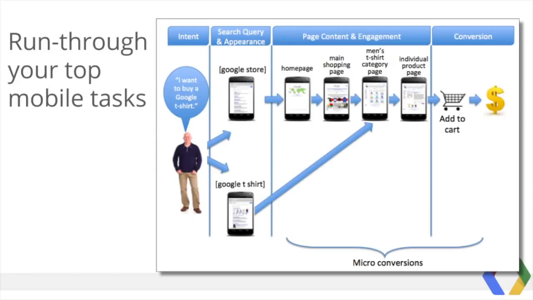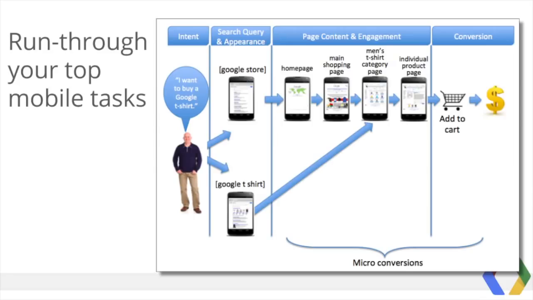In either case, we can start to outline the workflow and take note of each step. In the search query and appearance stage, we can make sure that our site's appearance in search results is appealing. The page has a descriptive title and meta description. Once the user, let's pretend his name is Tom, selects our page in search results, we're in the page content and engagement stage. In the workflow with the query Google Store, once Tom clicks the search result, he comes to our homepage, where he must select his region.